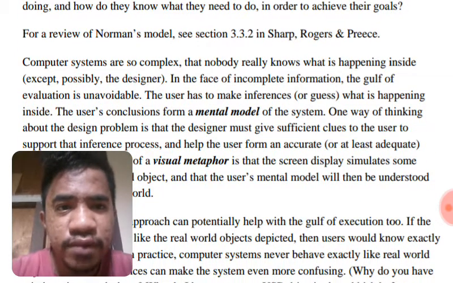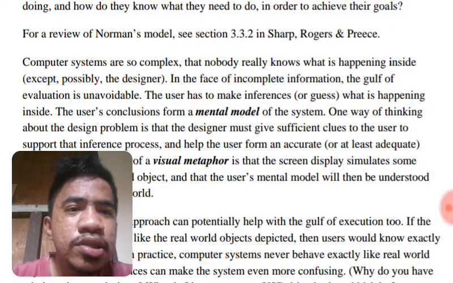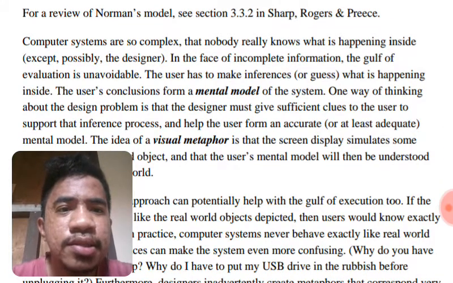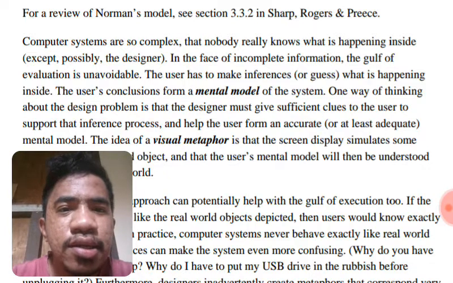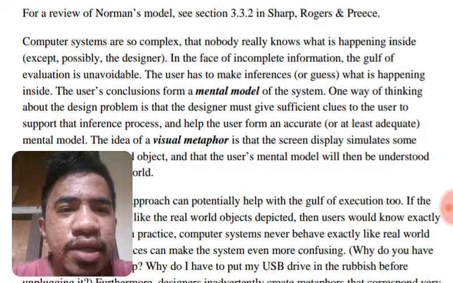For a review of these models, see section 3.3.2 in Sharp, Rogers and Preece. Computer systems are so complex that nobody really knows what is happening inside, except possibly the designer. In the face of incomplete information, the gulf of evaluation is unavoidable.